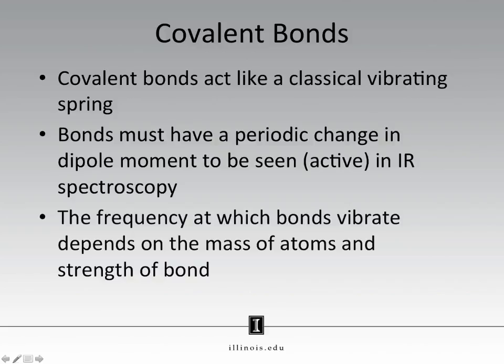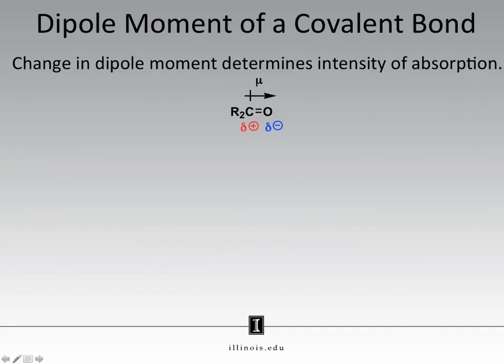Now let us talk a little bit more about what I mean when I say a change in dipole moment. Here I have a carbonyl. I have a carbon double bonded to an oxygen, and you know that this bond is polar. In other words, it has a dipole moment, which we represent using the Greek letter mu. Imagine taking that bond and stretching it like a spring. What happens is this dipole moment gets larger.